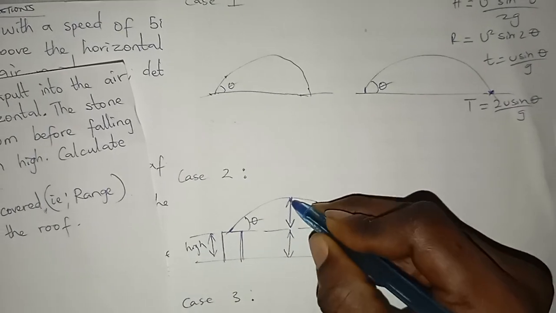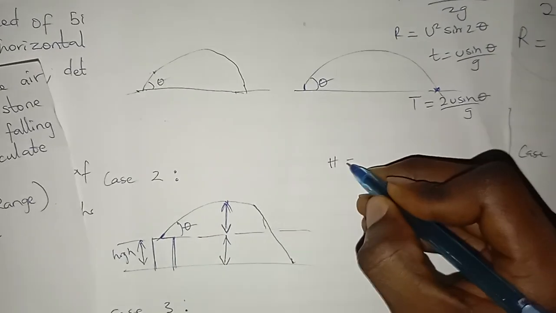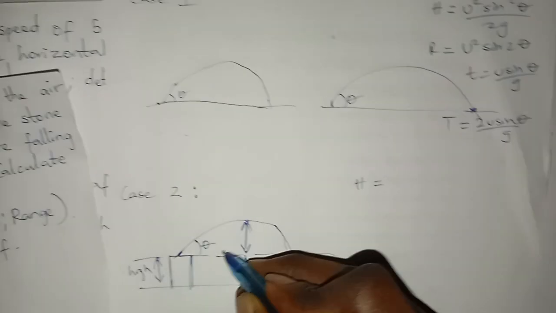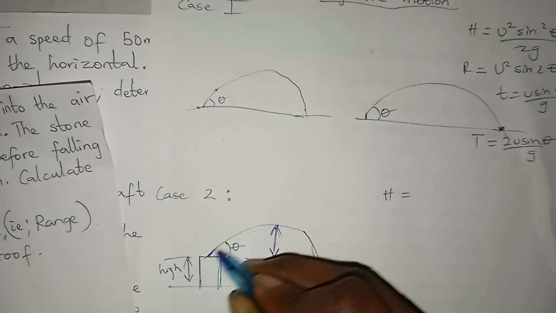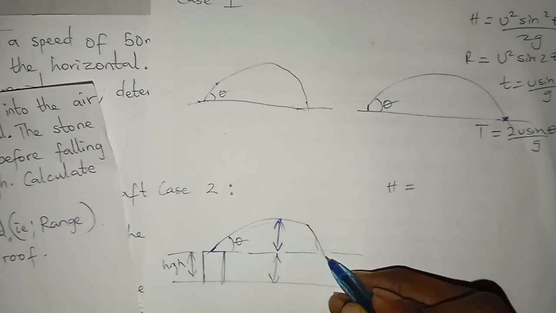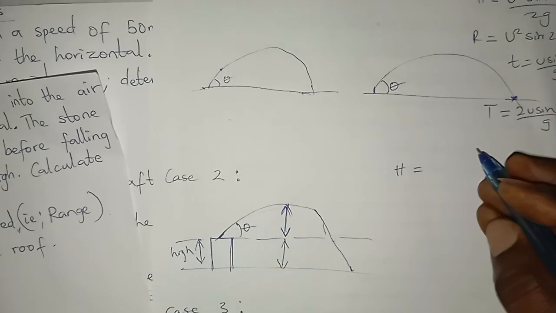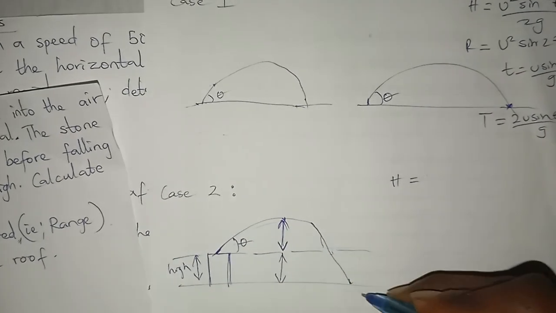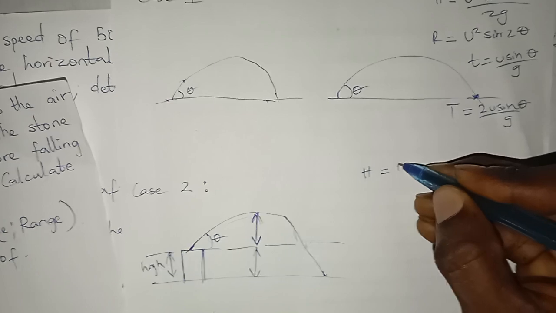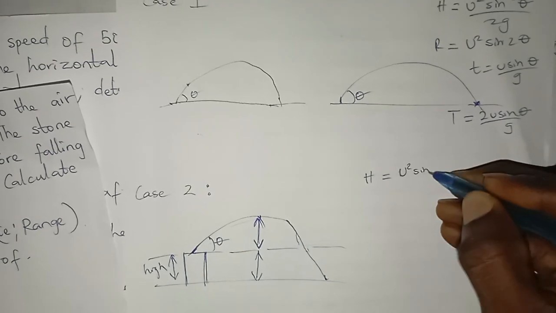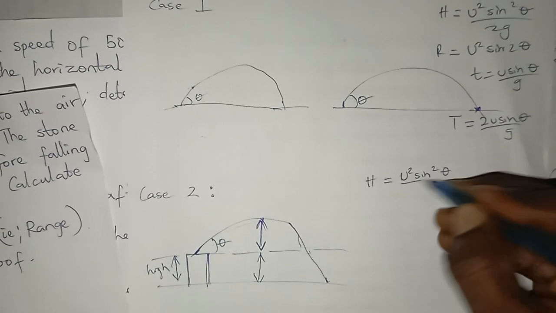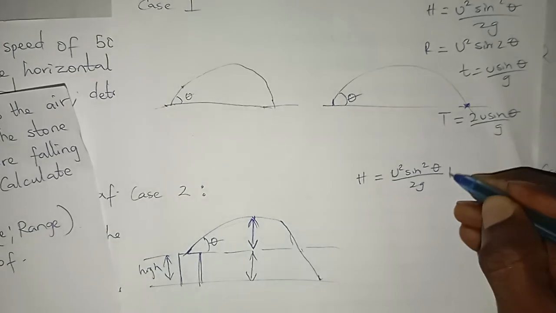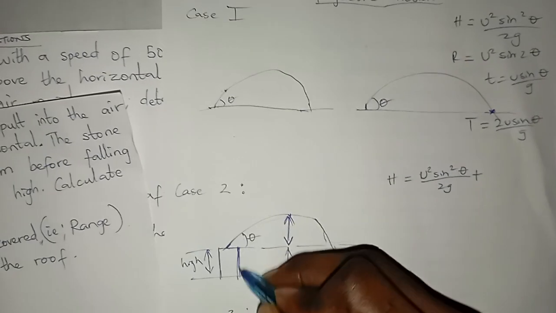To find the height, you must first find h, the maximum height. Everything up here looks like your normal case 1, then it has an extension. So you do the time to reach maximum height, which is u square sine square theta all over 2g, plus the given height.